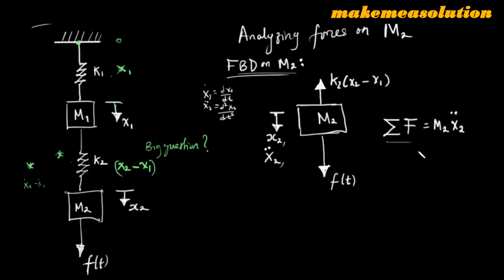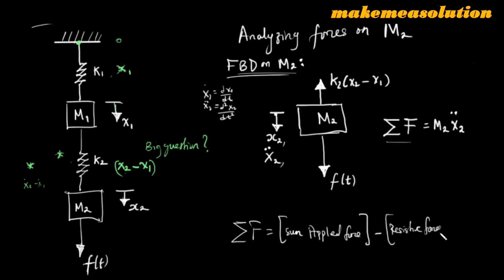So let's calculate summation F. Summation F is calculated by saying you have to sum the applied force and you have to subtract the resistive forces. In the end, you still equate it to your m2 times acceleration. Is that okay? So don't forget this.